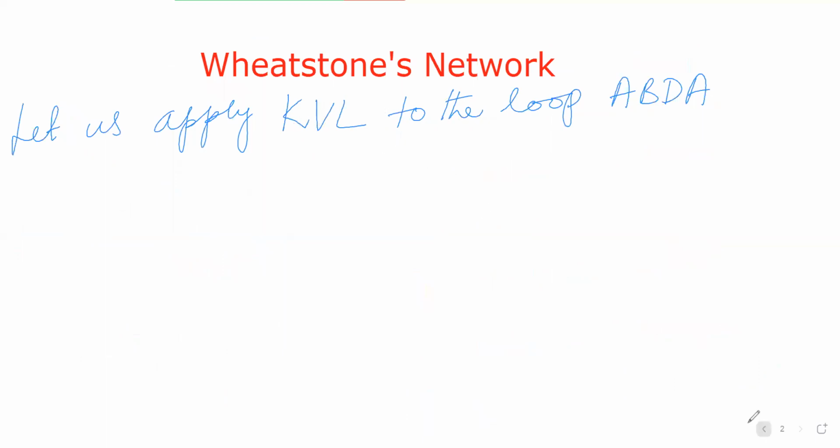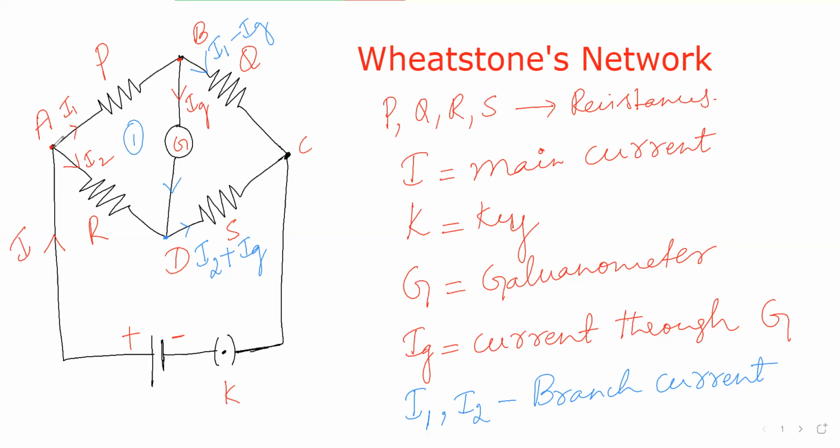Now we will start from the point A. When we are moving in the direction of the current, then we have to take the IR product as negative. So now we are starting from the point A, moving in the direction of the current.